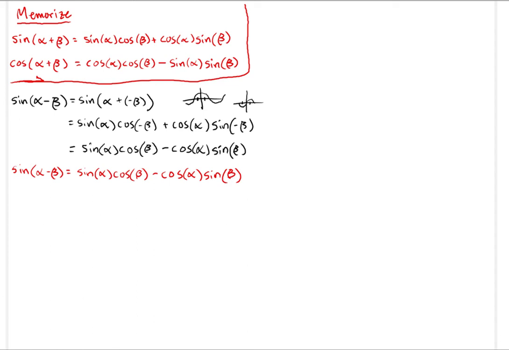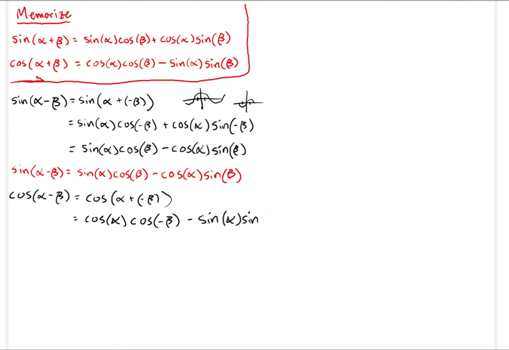Okay. And then we can do the same thing with cosine. Cosine of alpha minus beta, cosine of alpha plus negative beta, cosine, cosine, sine, sine. But of course, this time that's still the same as just regular old beta, but then this negative comes out of the sine, so this is going to be plus sine alpha, sine beta.